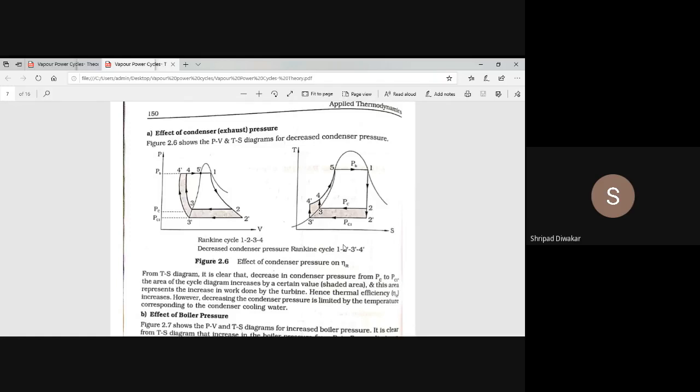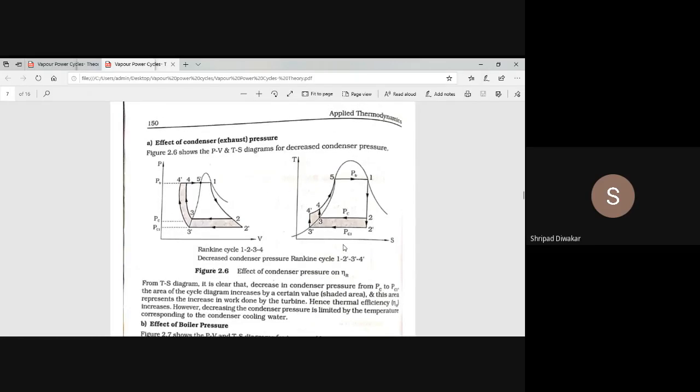As you supply more heat to the boiler, the efficiency increases. On the other hand, a low amount of heat rejection leads to more efficiency. Hence, to improve the efficiency of the Rankine cycle, we have to increase the boiler pressure or decrease the condenser pressure.